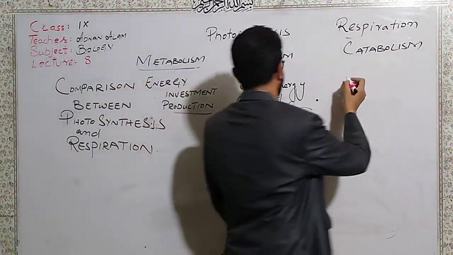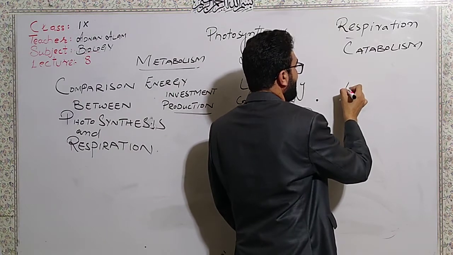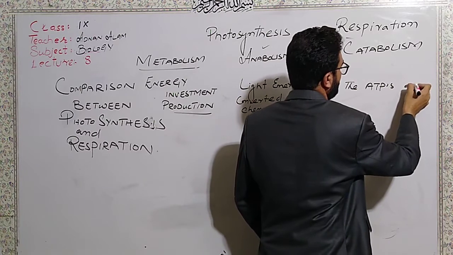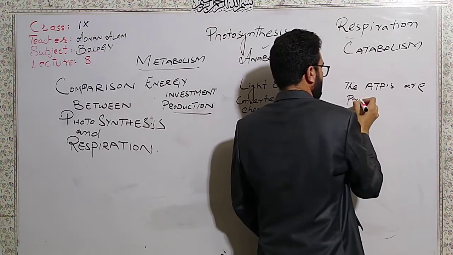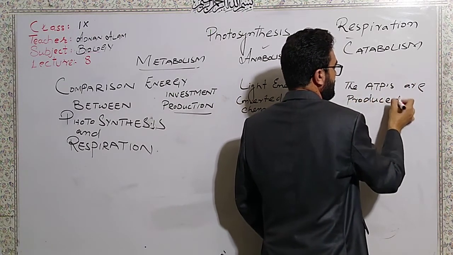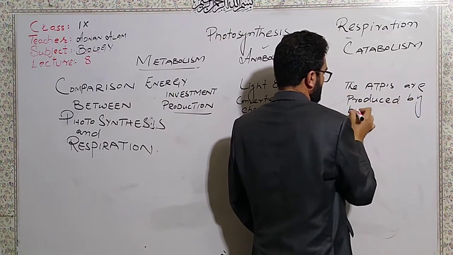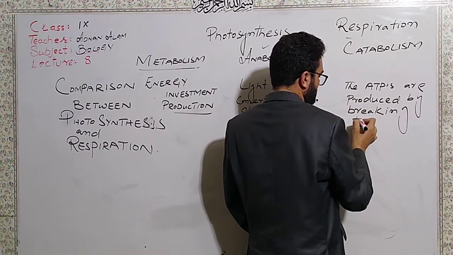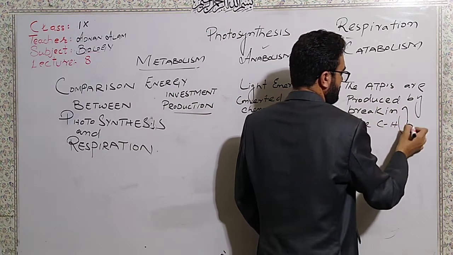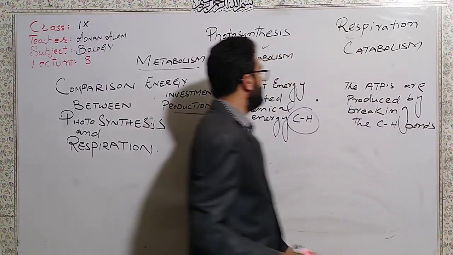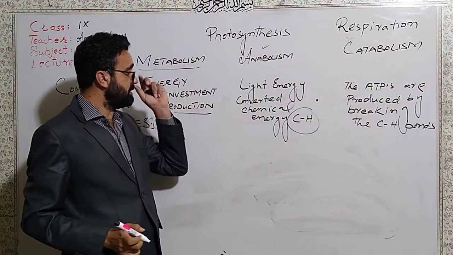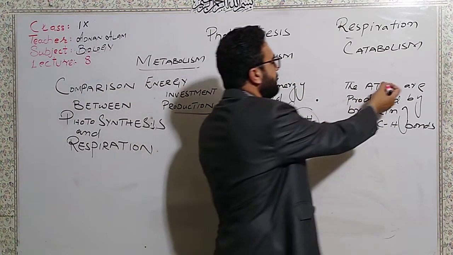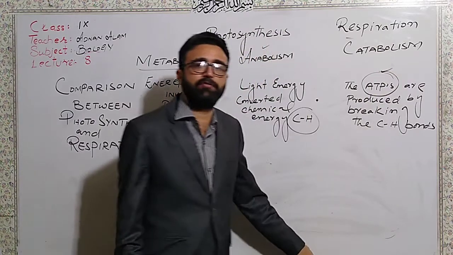But in respiration, the ATPs are produced by breaking the CH bond. Here the light energy is converted into chemical energy, and here the bonds are broken and energy is released in the form of ATP.